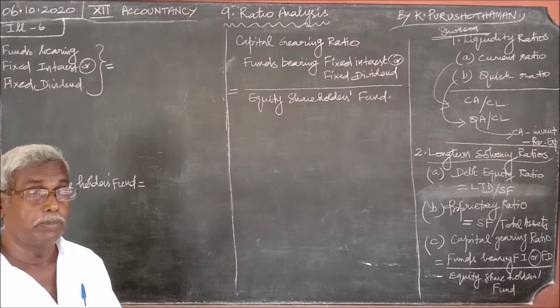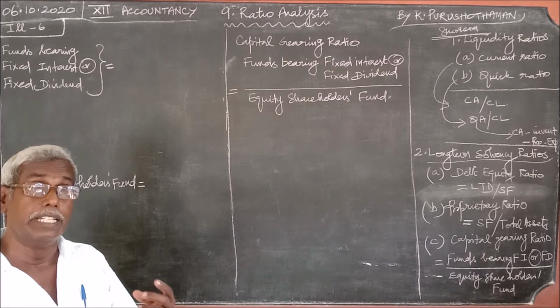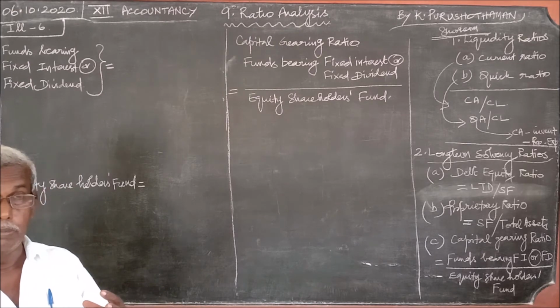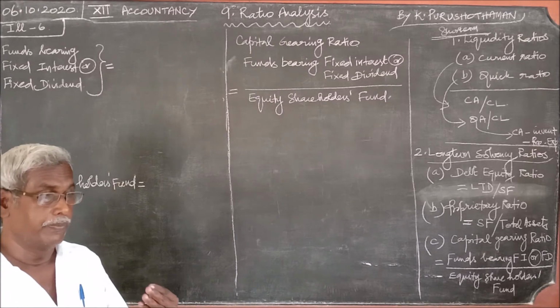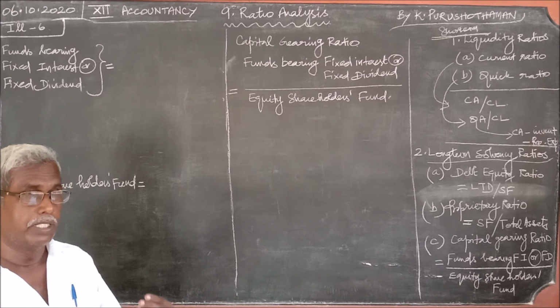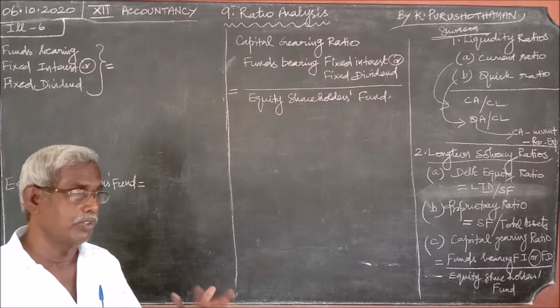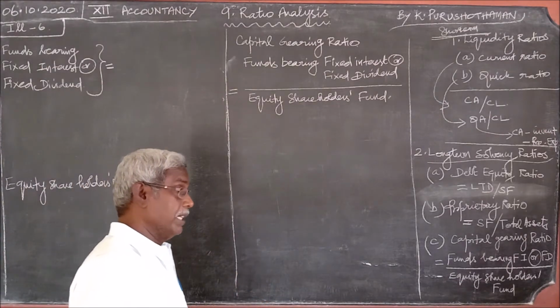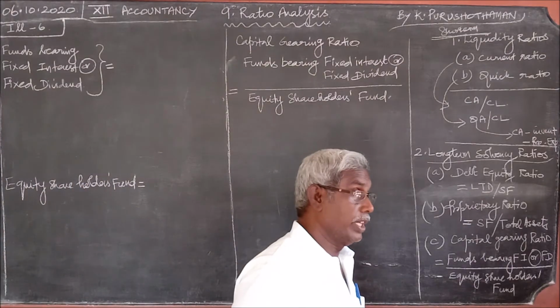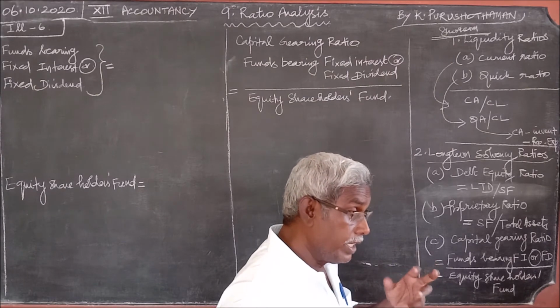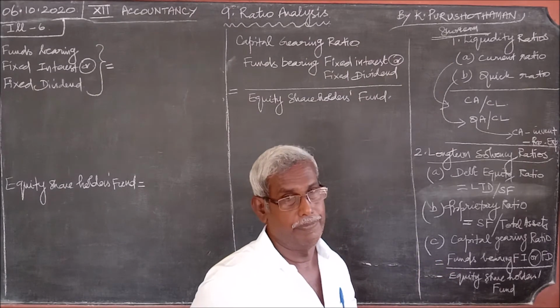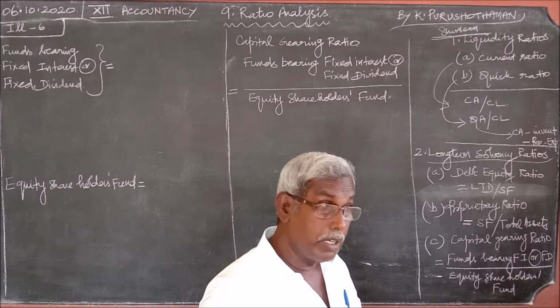It depends upon the profit earned by the company. You should bear it in mind. Preference shareholders get a fixed 5%, 6%, 10%, whatever the profit earned by the company. But for equity shareholders, the dividend is not fixed.